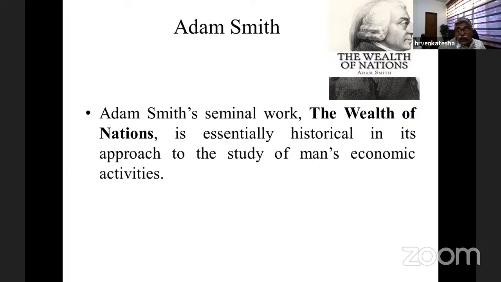And I think all of those who have read Wealth of Nations by Adam Smith would agree with me that the essence of Wealth of Nations is influenced by a lot of happenings in India at that point of time. Indeed, he was one of the greatest critics of East India Company, the way in which it was ruling India.